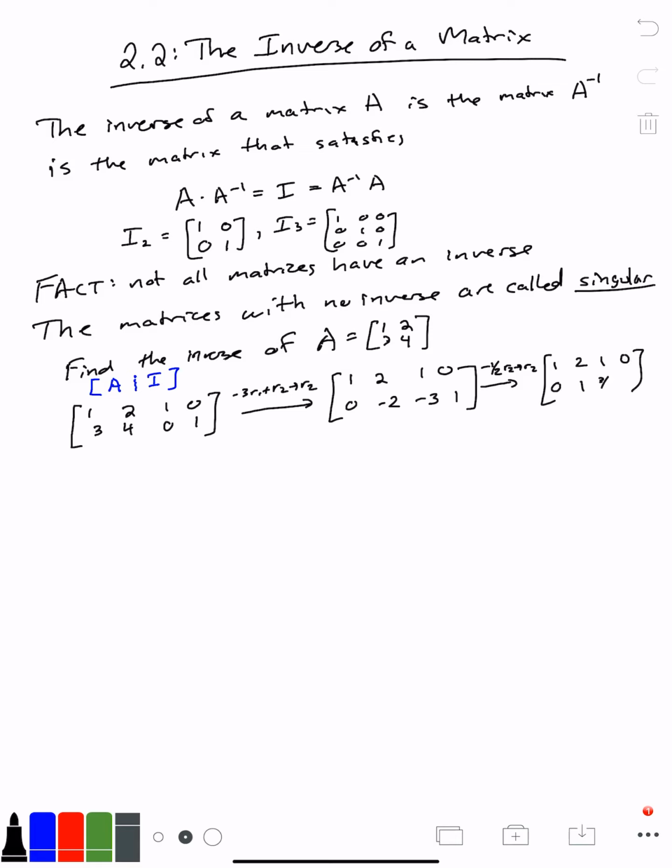And I would get this. And then the last thing I want to do is clear out that 2 in row 1. And so let's see here. -2 times 3 halves is -3 plus 1 is -2. -2 times -1/2 is +1 plus 0 is 1.